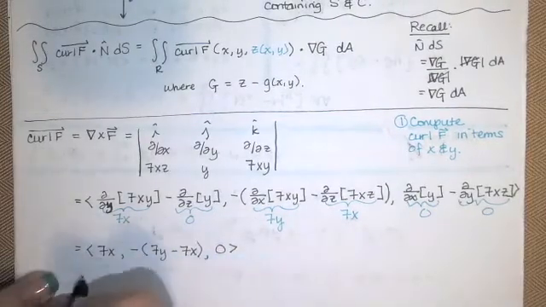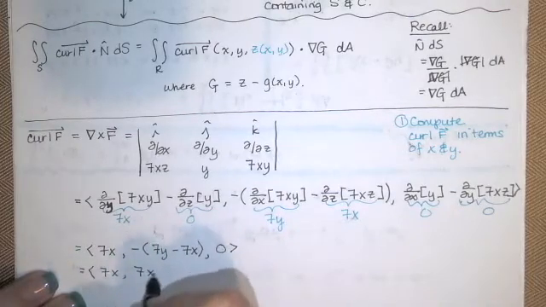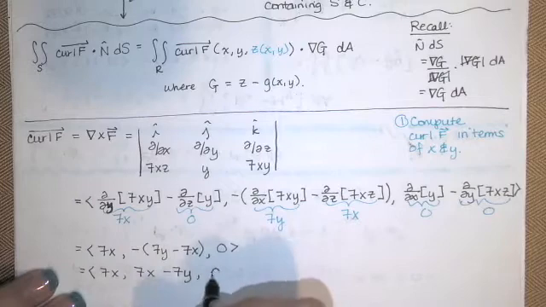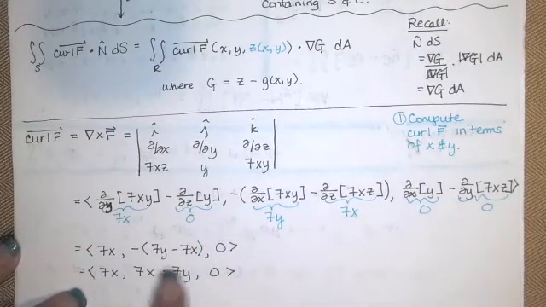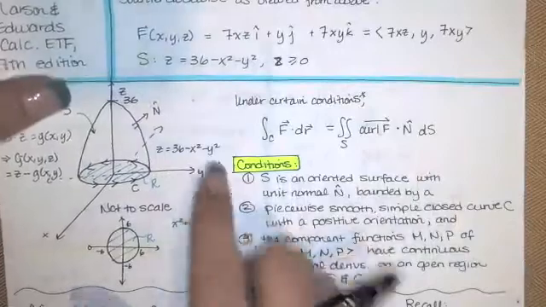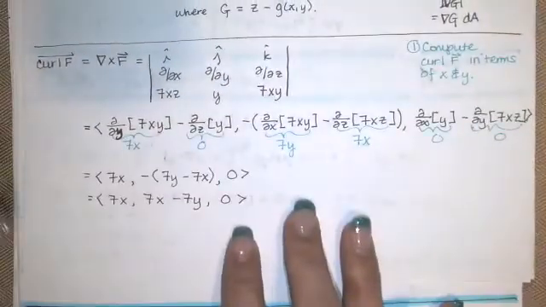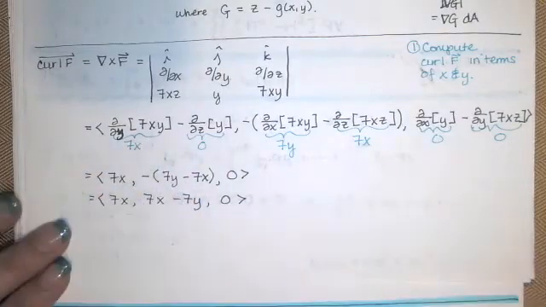Now I would distribute that negative and then write that in the reverse order because I want my positive term to come first, but that's not necessary. Now I would write this entirely in terms of x and y only by replacing any z's with 36 minus x squared minus y squared, but it turns out that this time the curl does not depend on z at all. So there's nothing to replace.